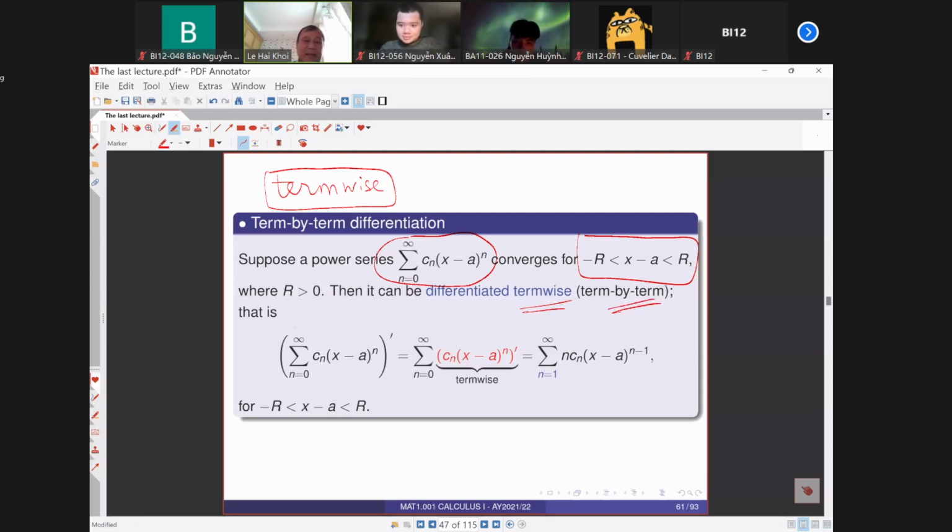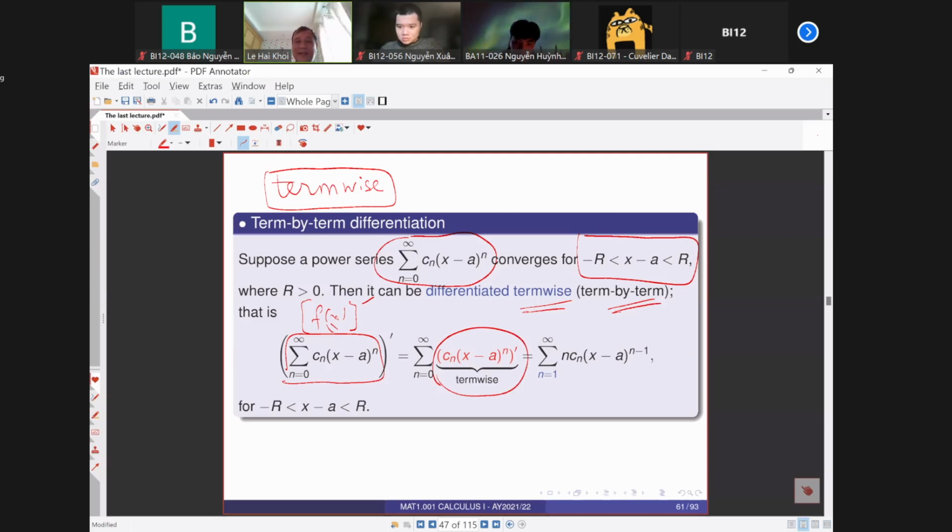That is, if you want to take the derivative of this sum f(x), instead of working on the sum and then taking the derivative, which is sometimes difficult and not easy since it's hard to find f(x), you can take the derivative of each term and sum up.